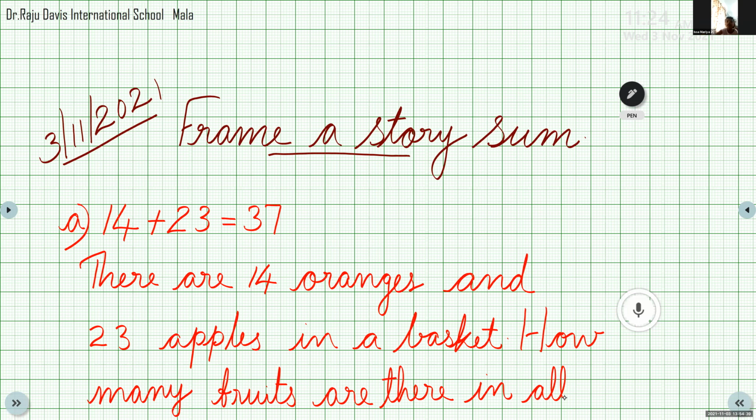Next question I will give, you can write in your own words. I cannot see the board. See, my dears, here there is no problem. Maybe it's your network issue. Please wait a minute, it will come now. If any other problem is there, I will send the same notes to the group also, so that time you can copy. Here so many children are writing, I can see that.